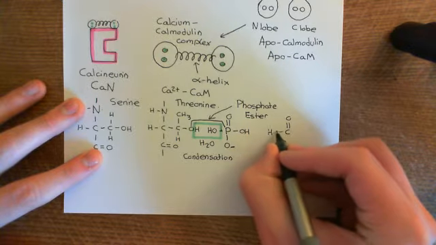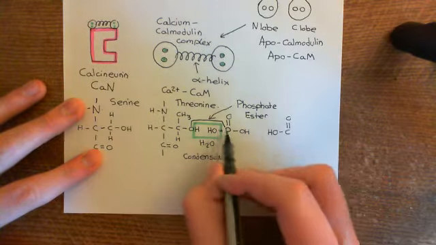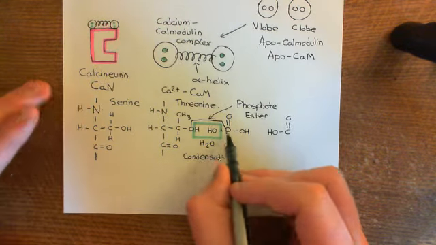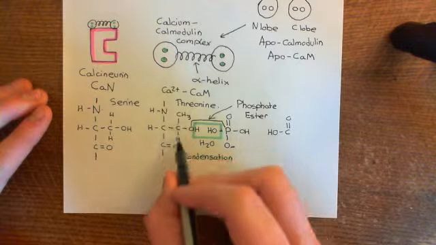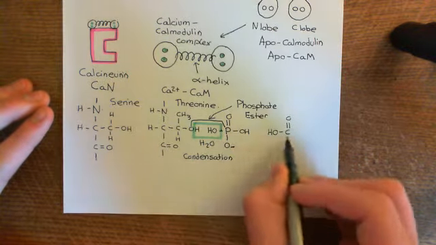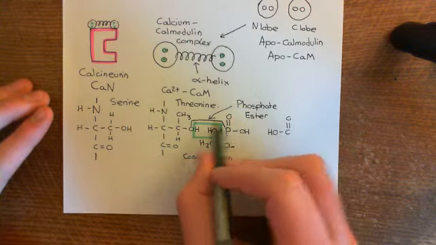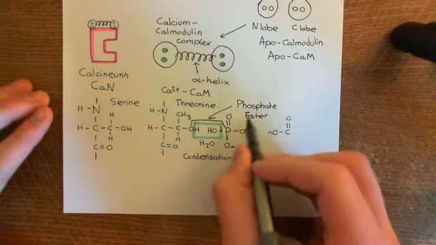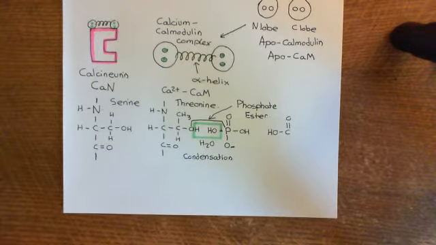This is the carboxylic acid group here. You can see that this is almost the same, except that you've got a phosphorus there. Effectively, this is just like an ester link. If this phosphorus had been a carbon, then it would be an ester link. But because it's a phosphorus atom there, it's called a phosphate ester link rather than a normal ester link.